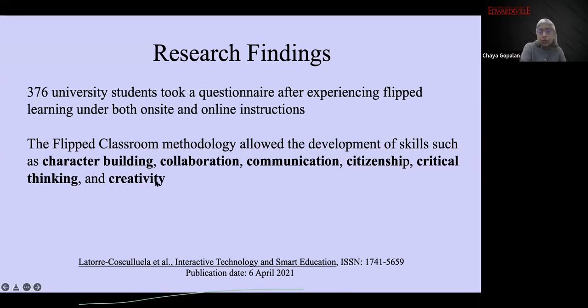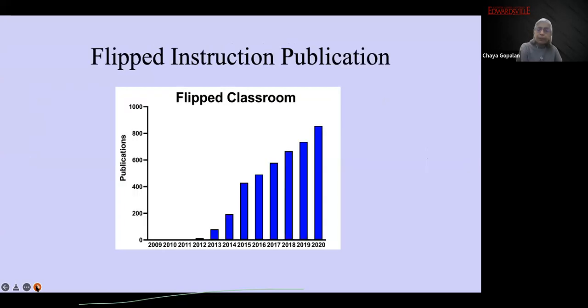It showed it was helpful in the development of skills like character building, collaboration, communication, citizenship, critical thinking, and creativity. This is not me telling it, but another study showing all the qualities that you really want to cultivate in your students and prepare them for the future and for lifelong learning.